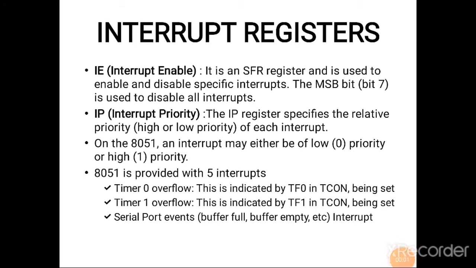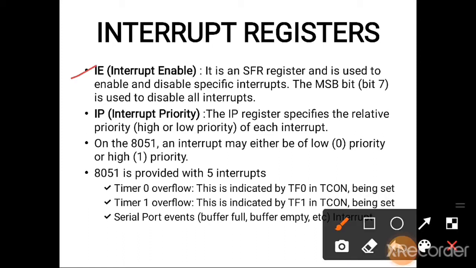The 8051 supports two types of interrupt registers. The first one is IE, the interrupt enable register, and the other one is the interrupt priority register. The interrupt enable register is an SFR register mainly used to enable interrupts.